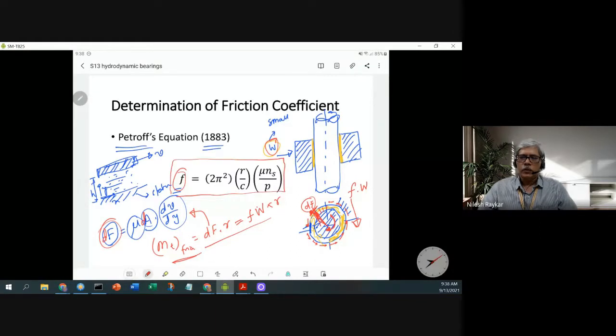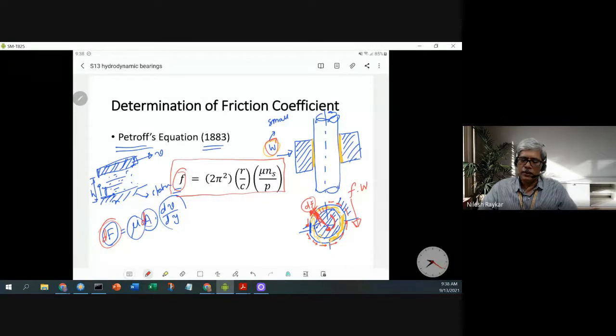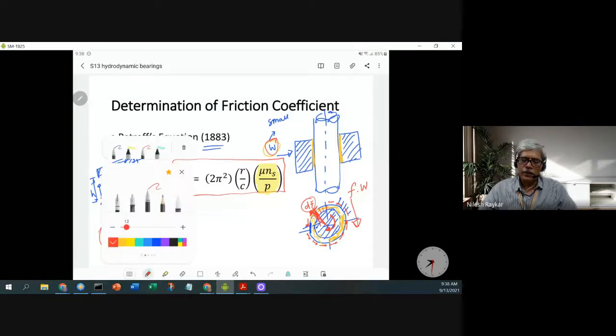It is fairly simple. What is important to note in this formula is that one of the parenthetic terms given here, mu Ns by P, was further studied, and it was found that this term is important.